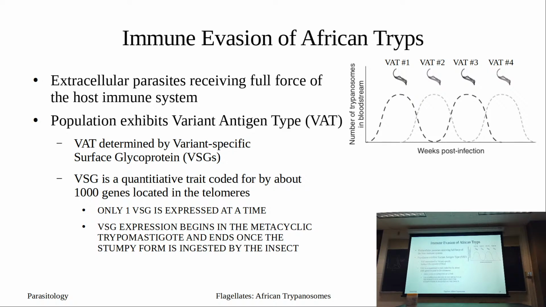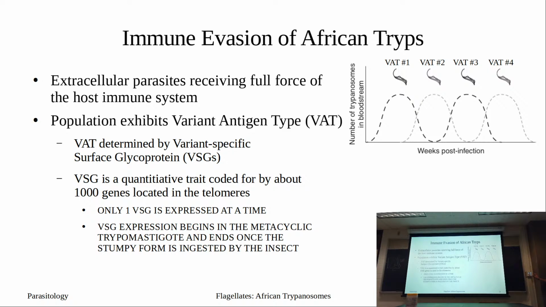The variant antigen type is basically what your immune system is going to recognize. The variant antigen type is determined by the variant-specific surface glycoproteins, the VSGs that are there. These variant surface glycoproteins are exactly that. They are glycoproteins, but they could vary.